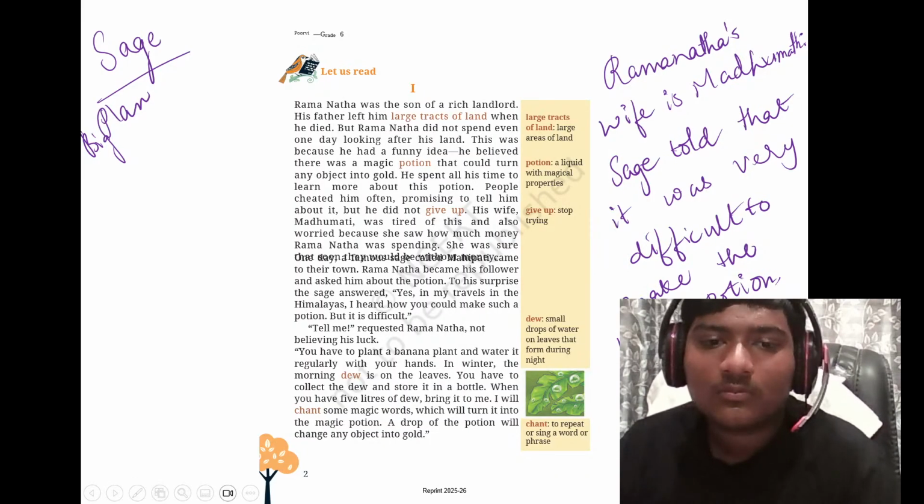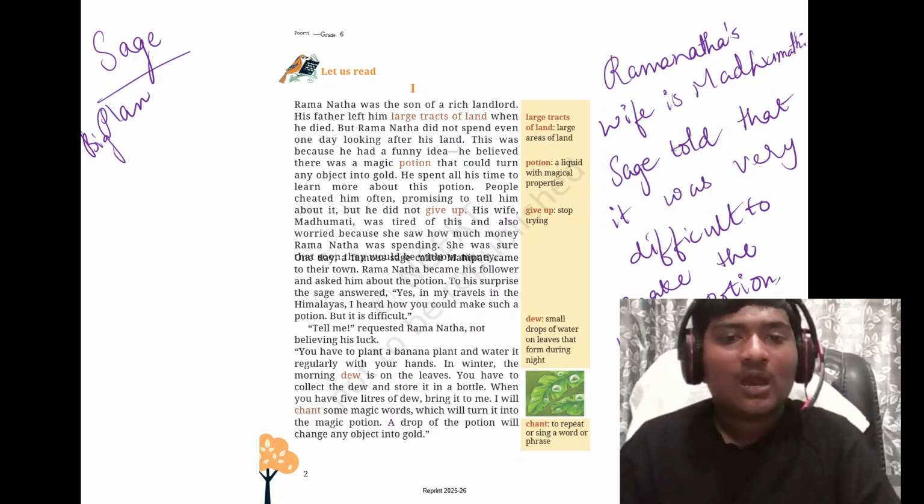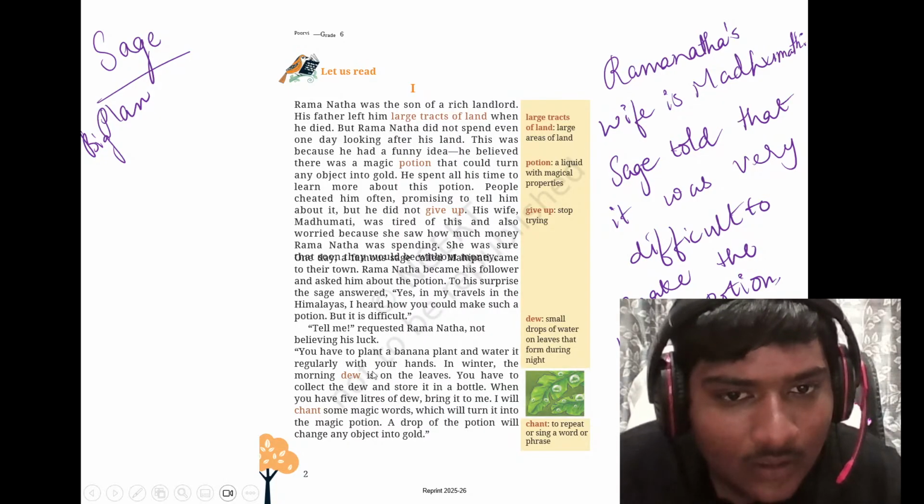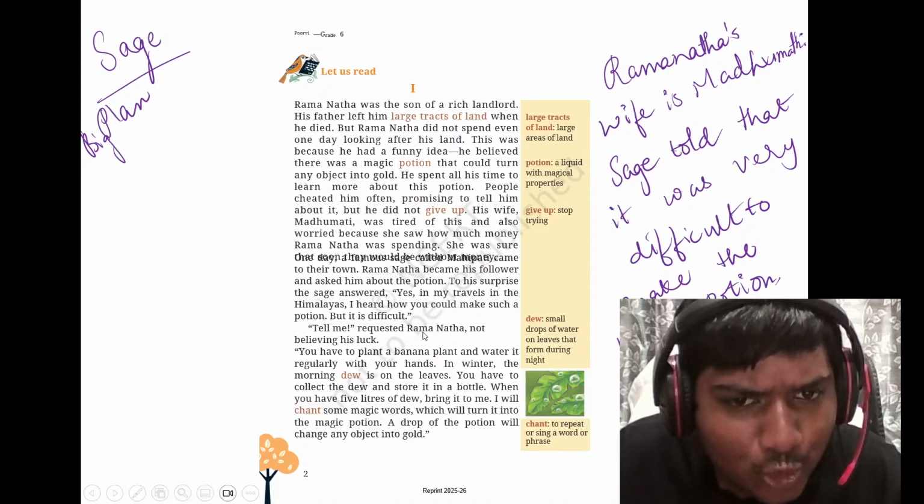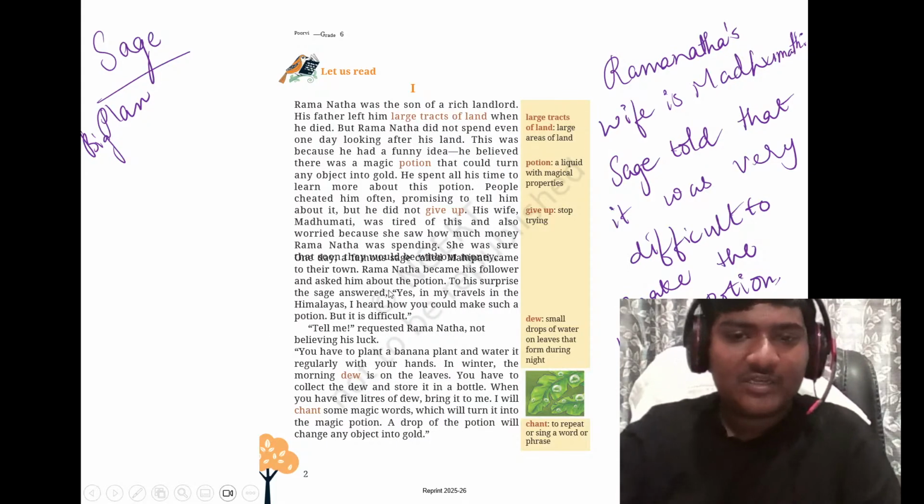Clear? Magic potion. And next, how could you make such a potion? But it's difficult.